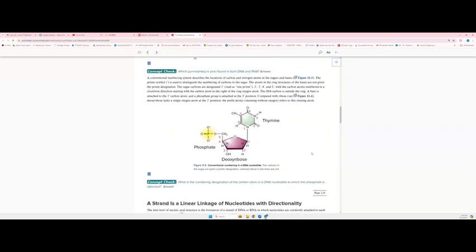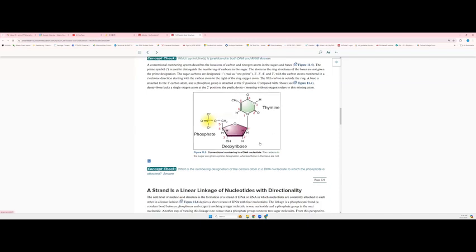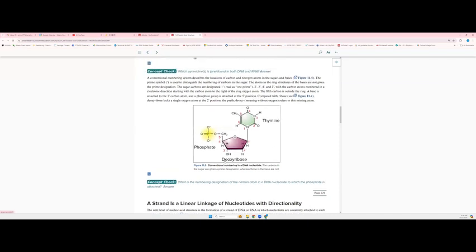Let's talk about a little more detail. For example, when we talk about deoxyribose, we label the carbons from here.